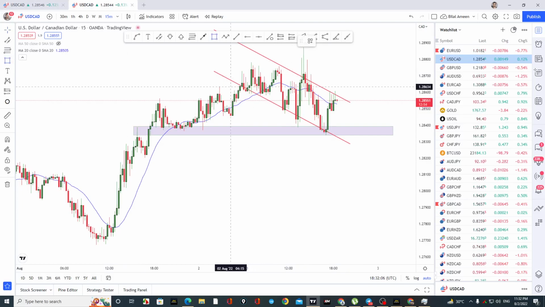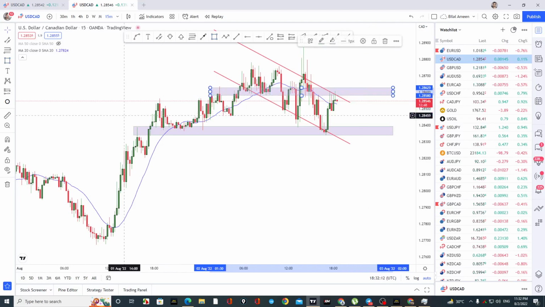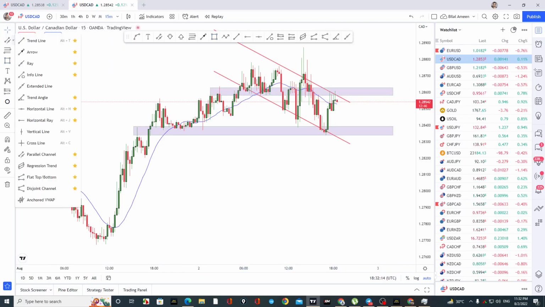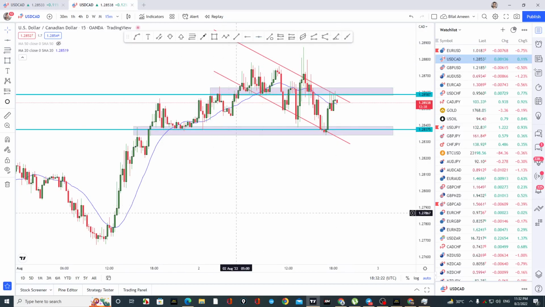If we draw our resistance level in market, this one is our resistance level, and this one is our support level, plus this one is our resistance level in market.